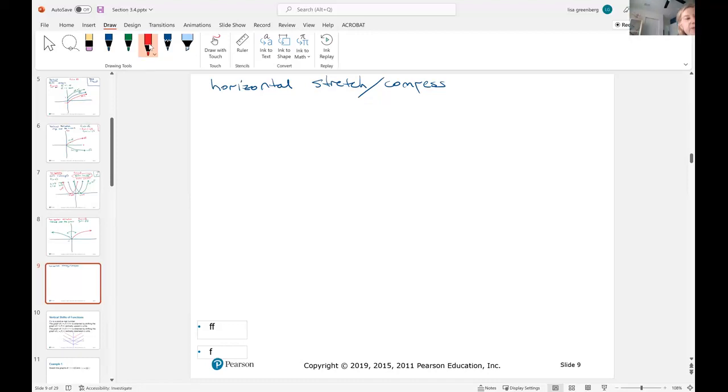I can't really name the function. The best way for me to describe this is not to tell you what the name of the function is, but to show you what it is, okay? So horizontal stretch compress, so it would still be if f of x equals, yeah, I'll just, no.